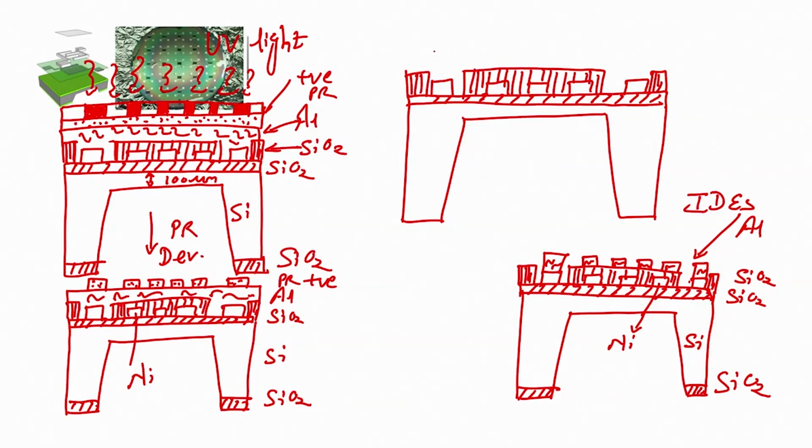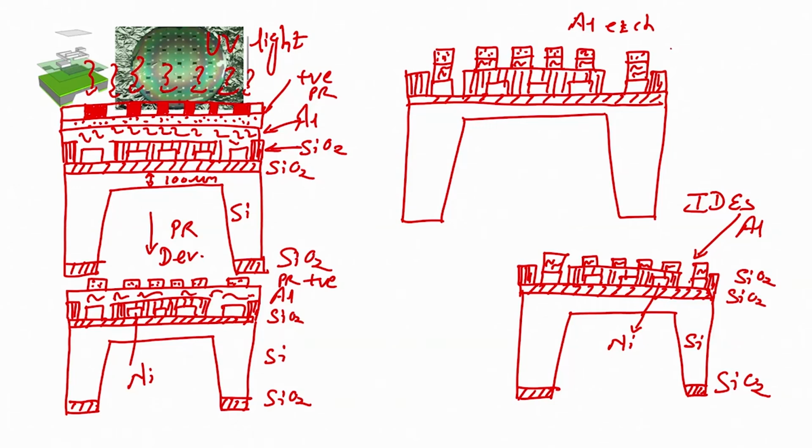So, when we perform aluminum etching, then what will we have? Right, this is what we will get.